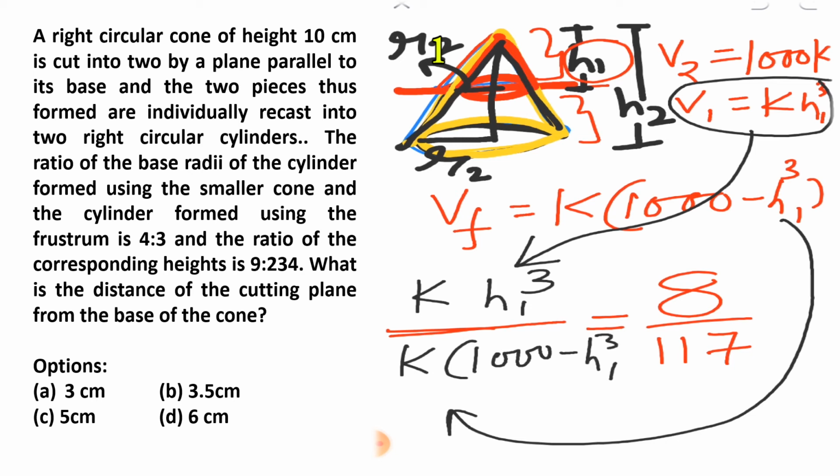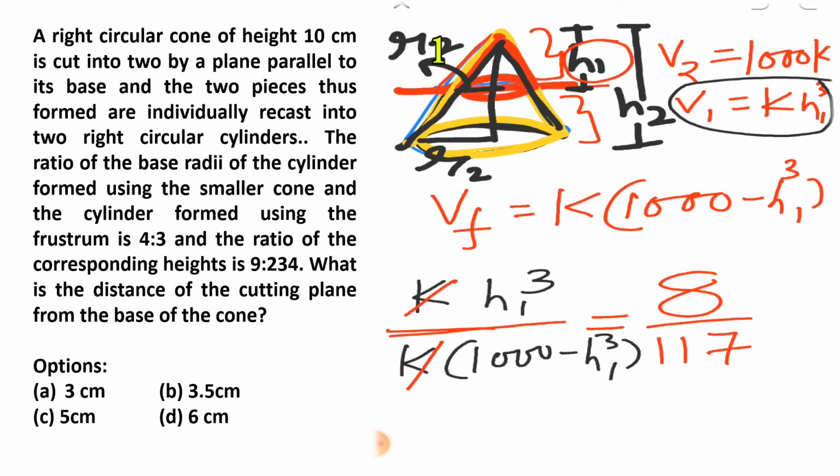Solving this ahead, K is gone, and that clearly means 117 H1 cube is equal to 8000 minus 8 H1 cube.